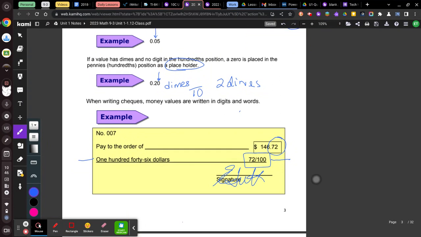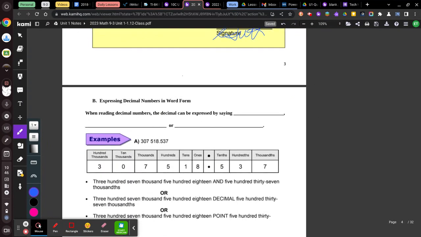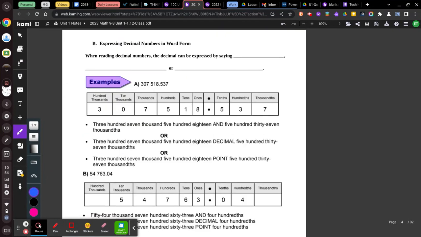All right, turn your page. So, expressing in word form. Expressing decimals in numbers and word form.